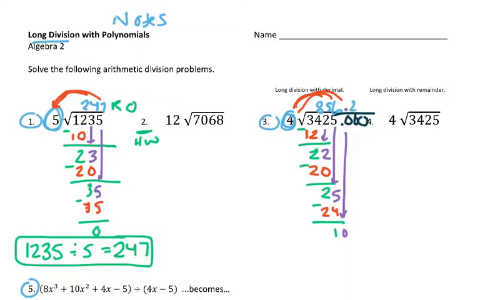That's 2. 2 times 4 is 8. Go ahead and subtract 8, and we get 2. That's not a whole number or a 0 yet, so we're going to bring down the next 0. How many 4s go into 20? That's 5. 5 times 4 makes 20, and now we get a remainder of 0.